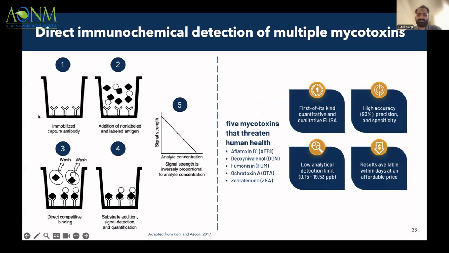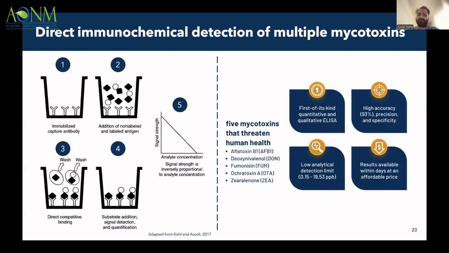So just to give you an idea of how this test actually works. When we make the test, we immobilize highly specific antibodies on a particular microplate. And then these plates are sent to, for example, a lab like Almond Labs, wherein they extract the mycotoxins, these black structures, and they compete it with synthetic mycotoxins. Now, if the synthetic mycotoxins are low in quantity, then it means that there is detectable mycotoxins in the serum.